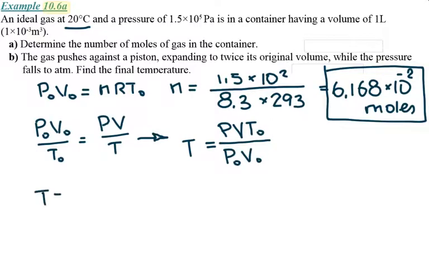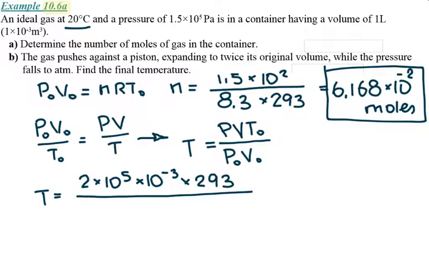So T is equal to 2 times 10 to the 5th times 10 to the negative 3, and then times 293 for the temperature, and divide by 1.5 times 10 to the 5th and 10 to the negative 3.